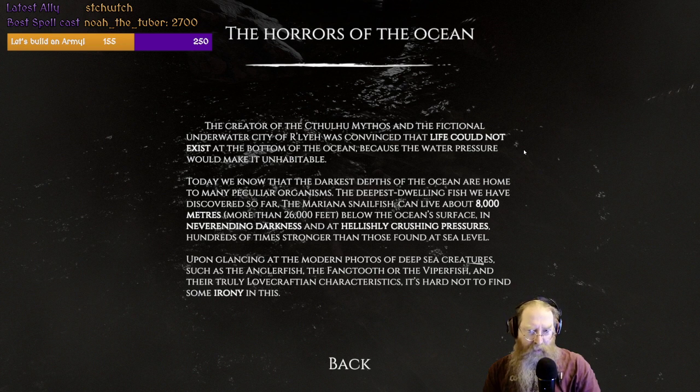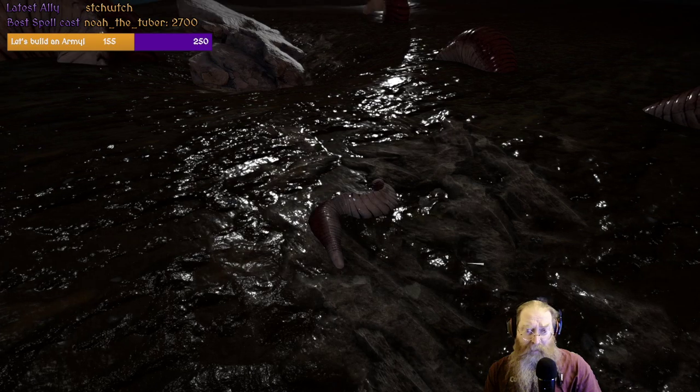The deepest dwelling fish discovered so far is the Mariana snailfish, living about 8,000 meters, more than 26,000 feet below the ocean's surface, in never-ending darkness and at hellishly crushing pressures, hundreds of times stronger than those found at sea level. Upon glancing at modern photos of deep-sea creatures such as the anglerfish, the fangtooth, or the viperfish, and their truly Lovecraftian characteristics, it's hard not to find some irony in this.